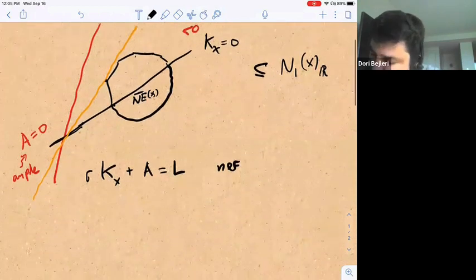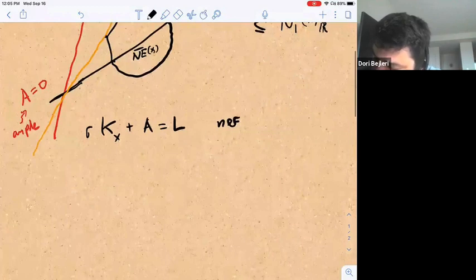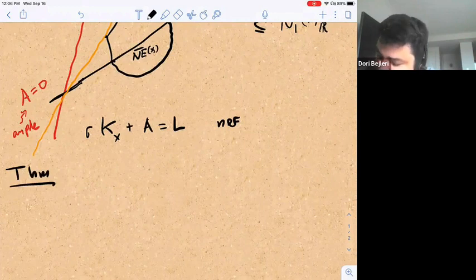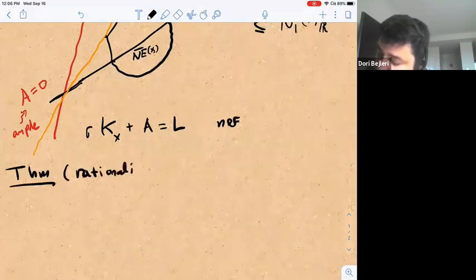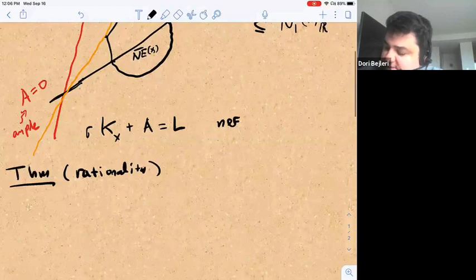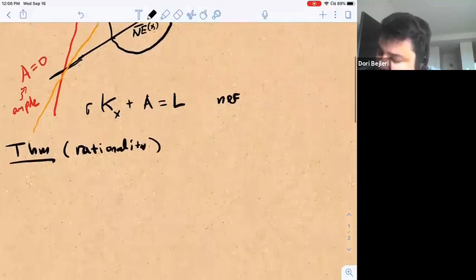And then I stated these two pretty important theorems that we'll prove later in the course. And right now I just want to illustrate how we can use them. So our first theorem was the rationality theorem, which was that this particular r, the one that makes this divisor Nef, is rational.